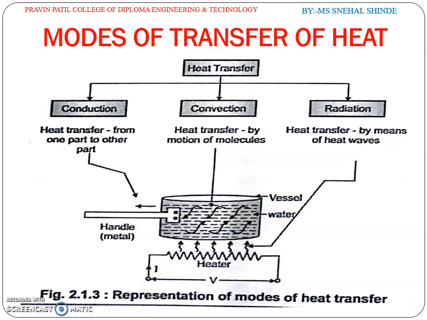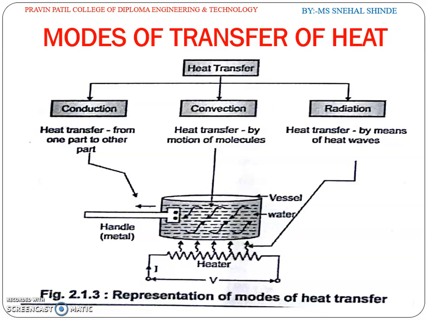And the third is radiation. Radiation is heat transfer by means of heat waves. So here, from the heater coil to the vessel, the heat is transferred by radiation.